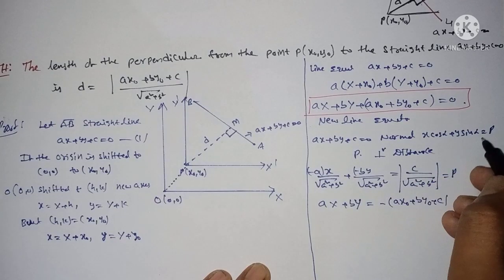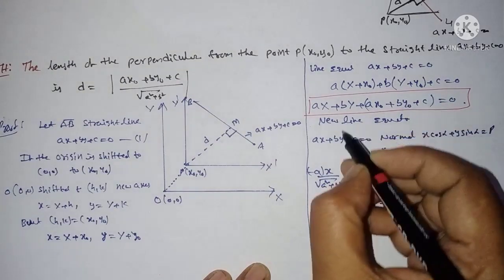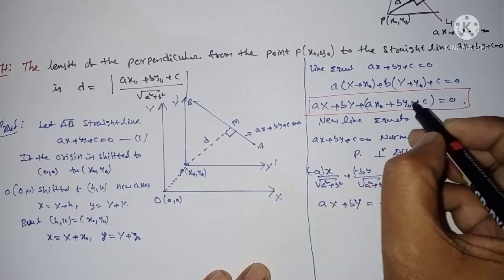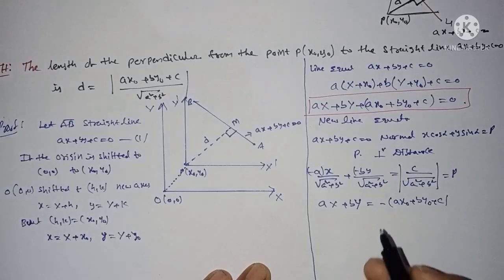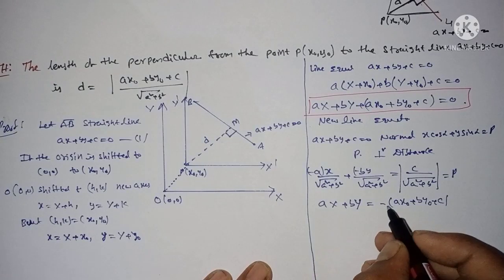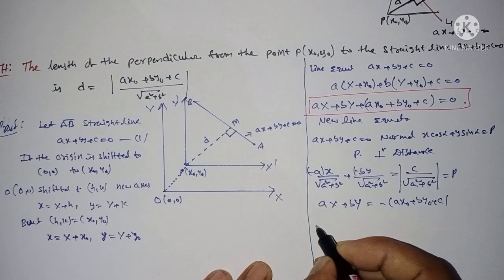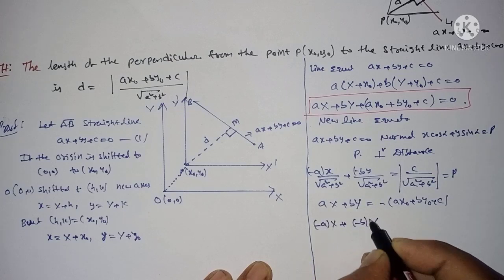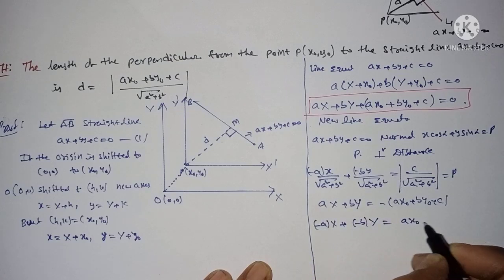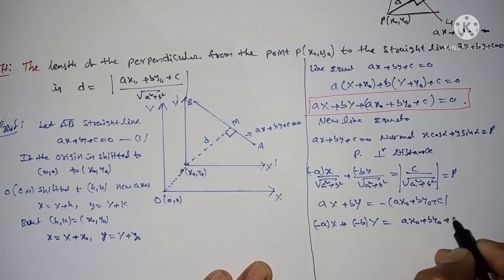In place of c, this is totally c only, because it is the total constant. Therefore, I can write minus ax minus by is equal to ax naught plus by naught plus c only.